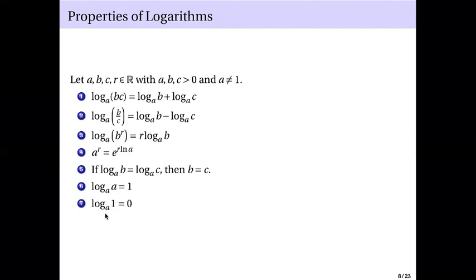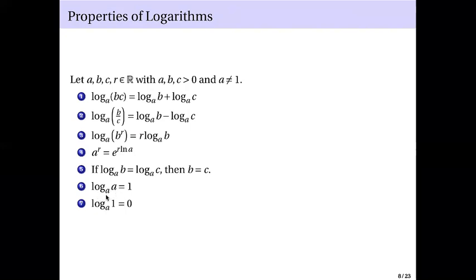And finally, the last property in this part: the logarithm of 1 with any base, whatever your base is, is always equal to 0. So the logarithm of 1 with any base a is always equal to 0.